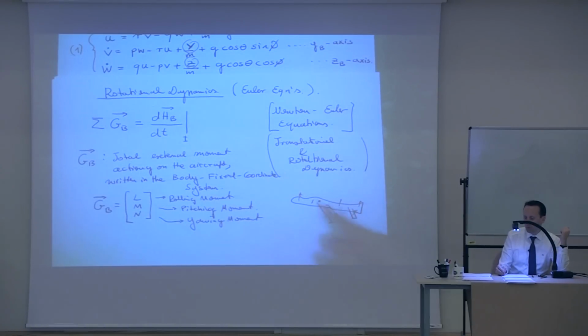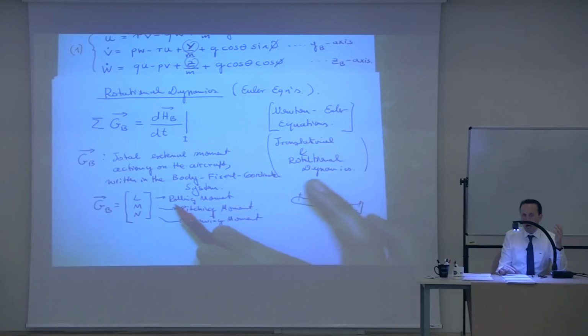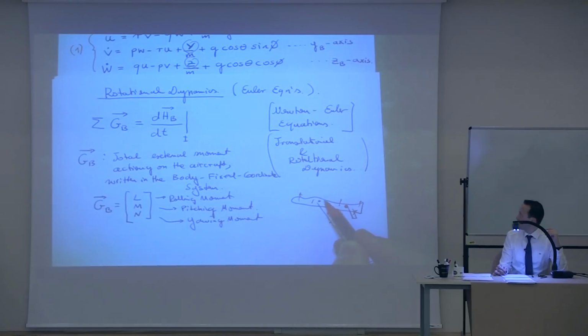Right? If I would move all these forces that act on the airplane to another point, let's say a random point over here, then the moments that come because of these forces would change. Right? So, therefore, when I say these moments are the ones that act on the CG, it is because I want to move all these forces to the CG. Then the forces themselves I will call X, Y, and Z forces, the aeropropulsive forces.